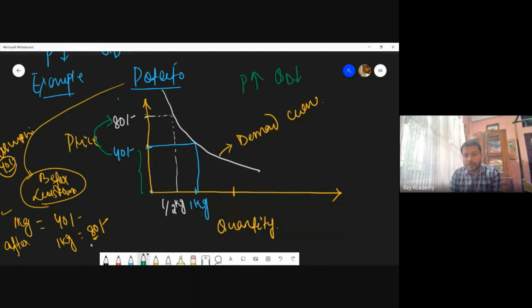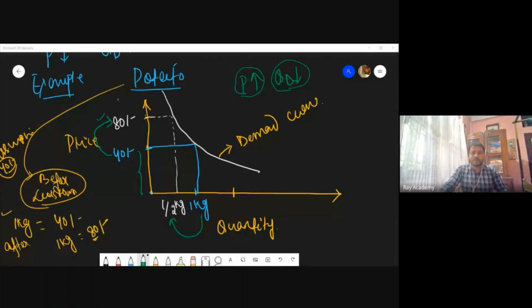It came down from 1 kg to half kg. Repeating once again, this graph is very important, very basic: when the price of the potato increased from 40 to 80, you purchased half kg. That means when price increased, quantity demanded decreased, keeping other factors constant. Let me come to you.